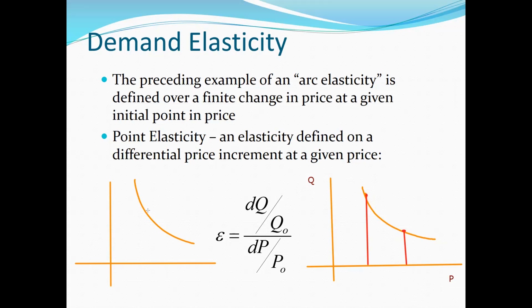So if I want to define a price elasticity at this point, I'll make that point here, and I'll create a tangent at that point on the curve. The slope of that tangent will be essentially dq over dp.